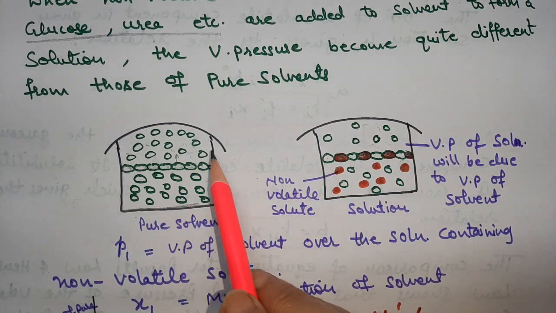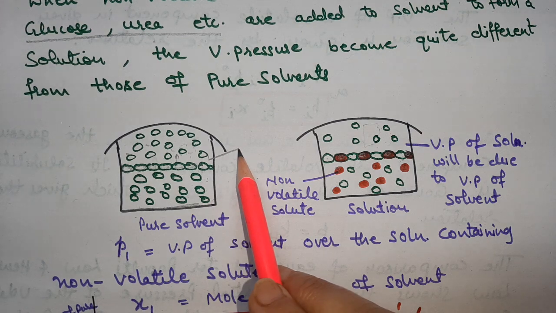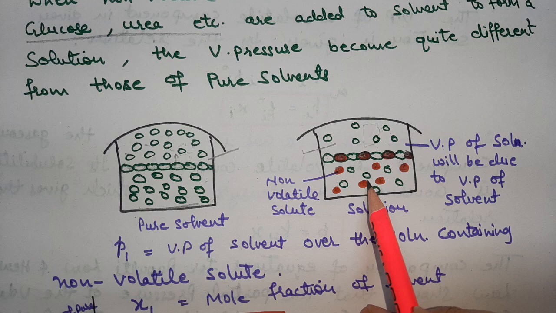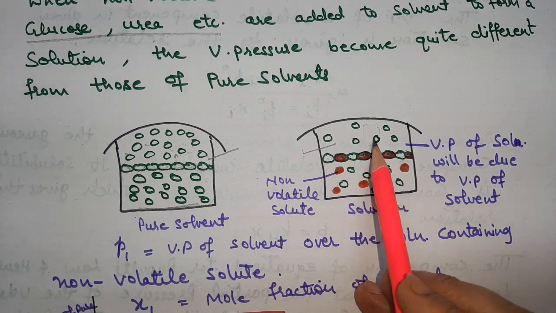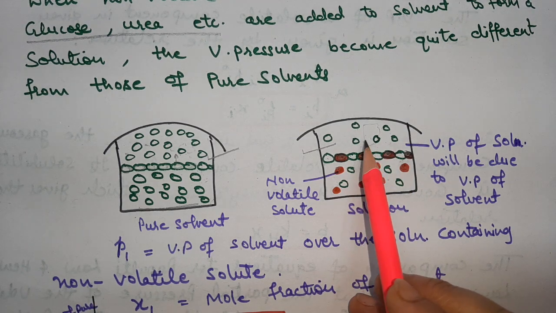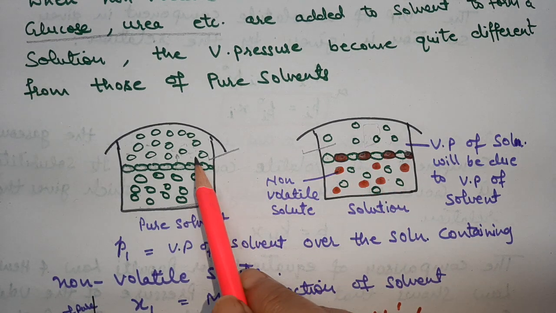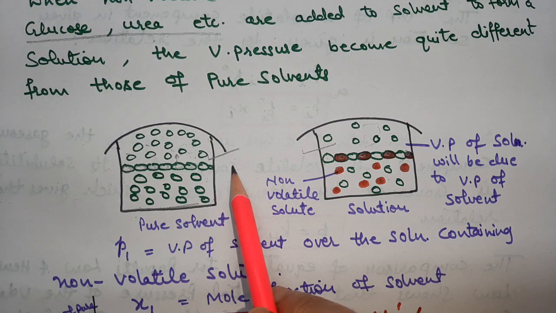You can compare, this is for the pure solvent and this is for the solution that contains the non-volatile solutes. The number of particles in the vapor phase is less, which means the vapor pressure of the solution will be less as compared to the vapor pressure of the pure solvent.